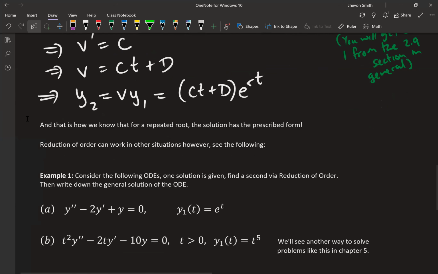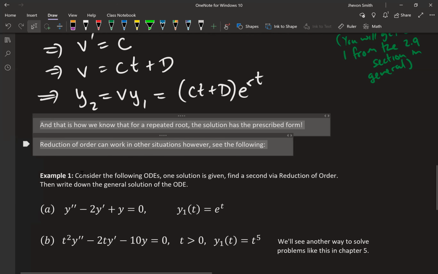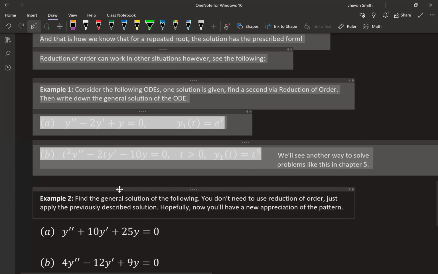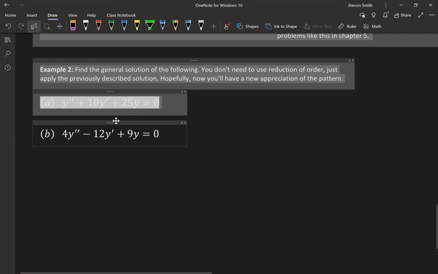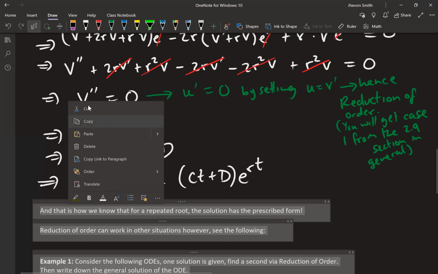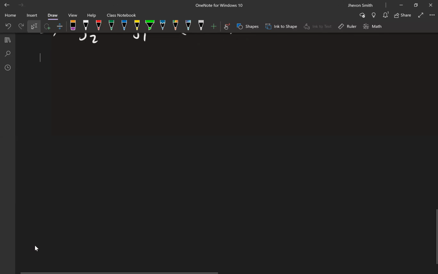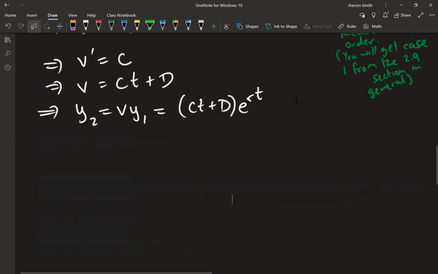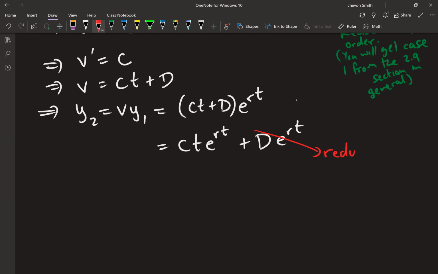Right? So here your y2 would look like c t e to the rt plus d e to the rt. You'll notice that this part here is redundant, right? Because I already have a c1 e to the rt in my general solution.